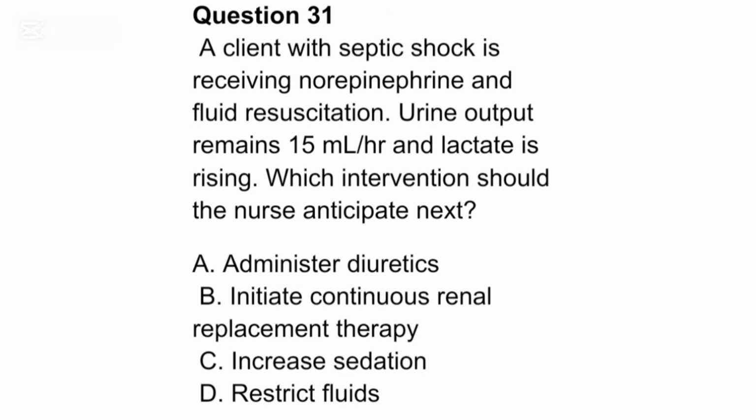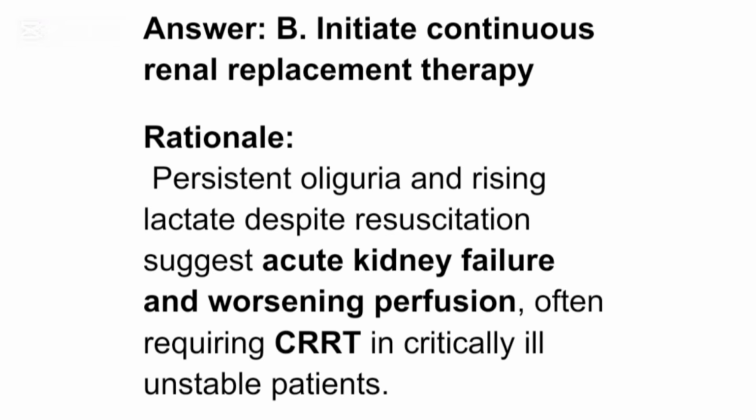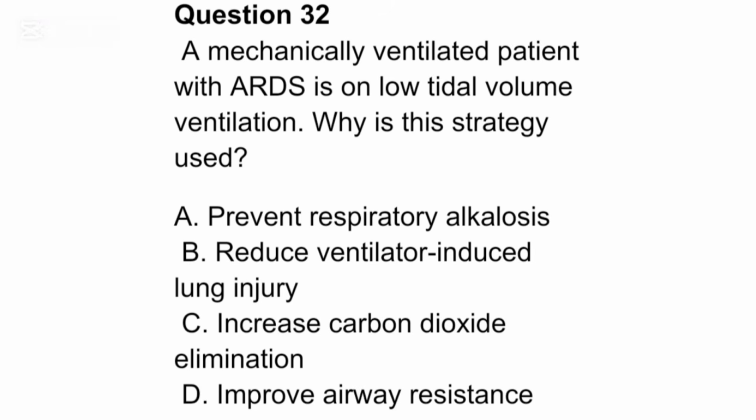D. Restrict fluids. Answer: B. Initiate continuous renal replacement therapy. Rationale: persistent oliguria and rising lactate despite resuscitation suggest acute kidney failure and worsening perfusion, often requiring CRRT in critically ill, unstable patients.